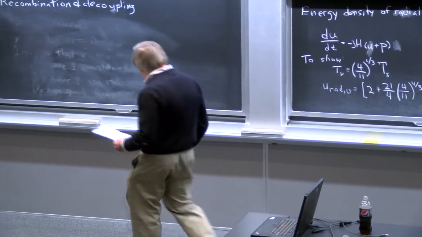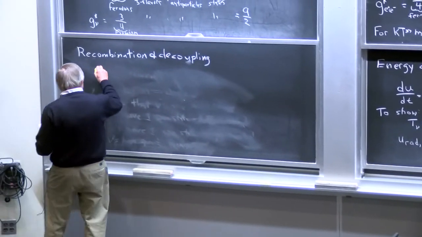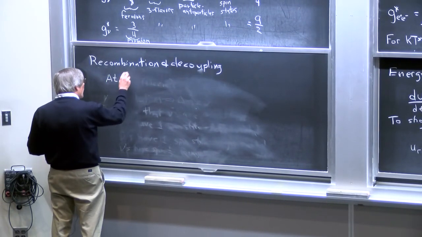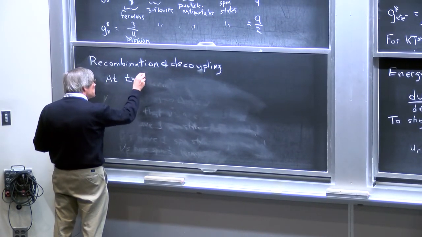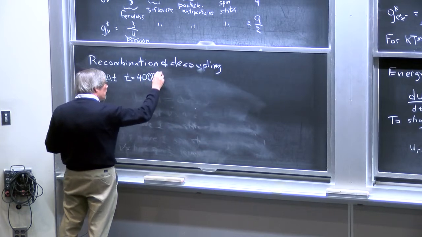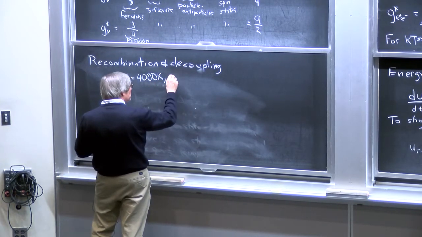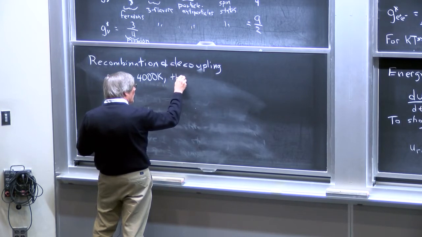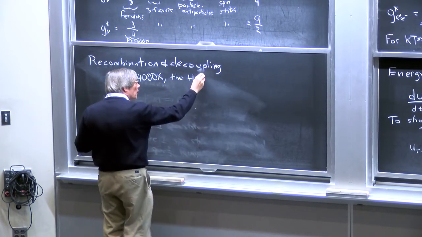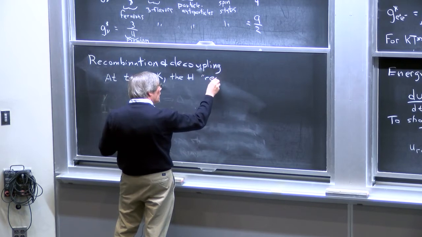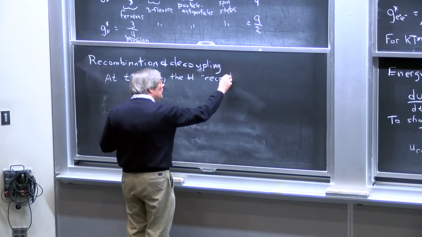So at T equals 4,000 Kelvin, the hydrogen recombines.